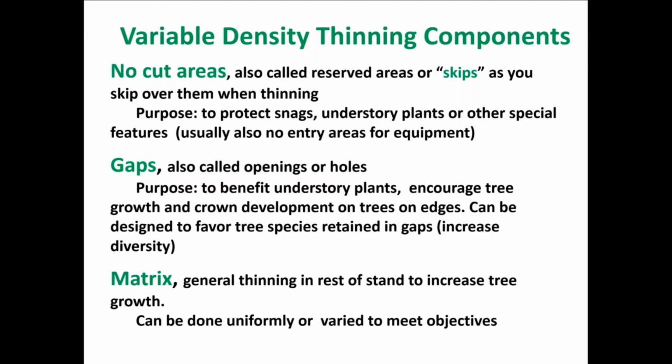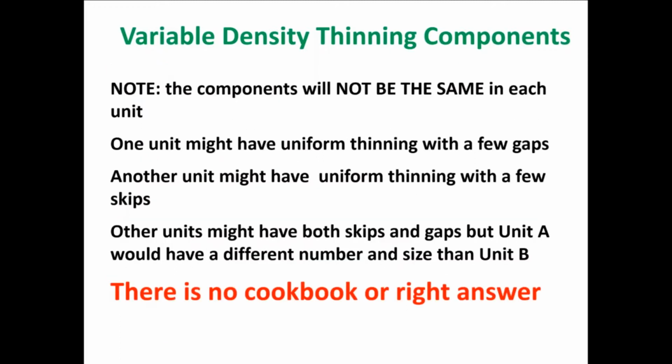Gaps, also called openings or holes. The purpose can be to benefit understory plants, but also to encourage tree growth and crown development on trees on the edges. Can be designed to favor tree species retained in the gaps, if that's part of your prescription. And then the matrix, the general thinning in the rest of the stand to increase tree growth. And what's done in this matrix can be done uniformly or varied to meet your objectives.